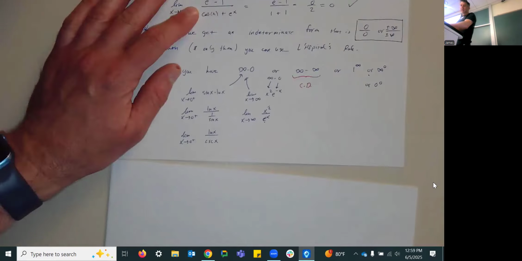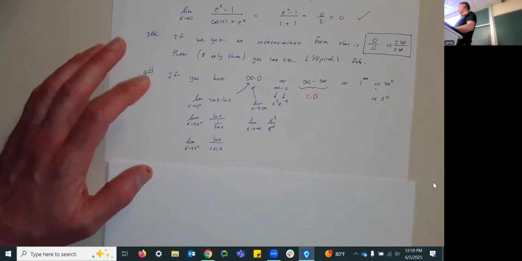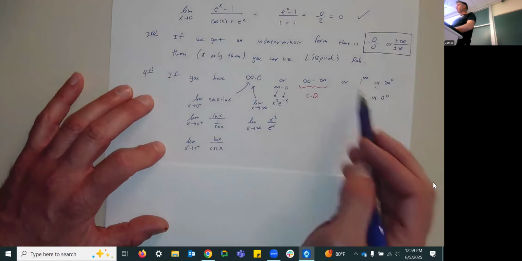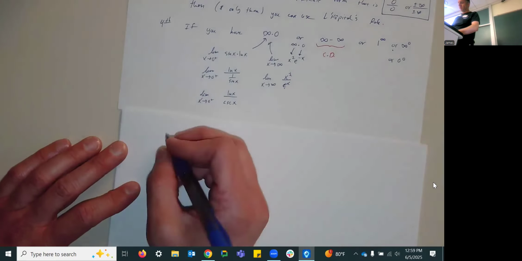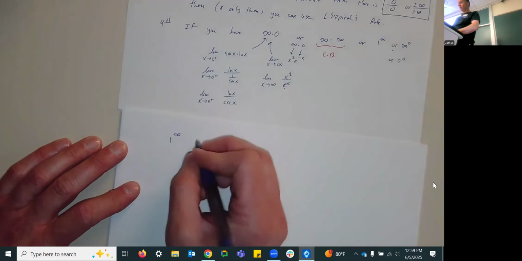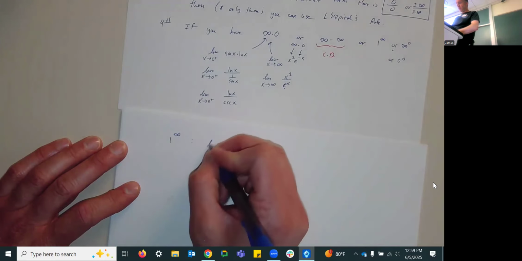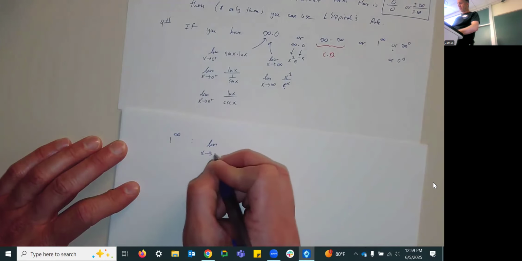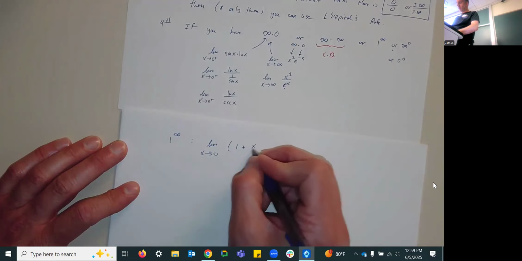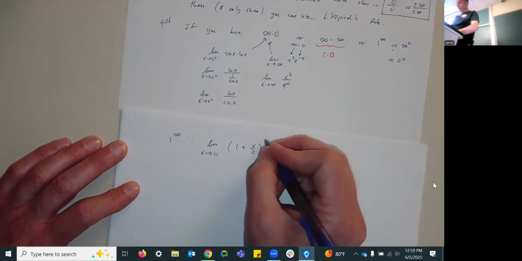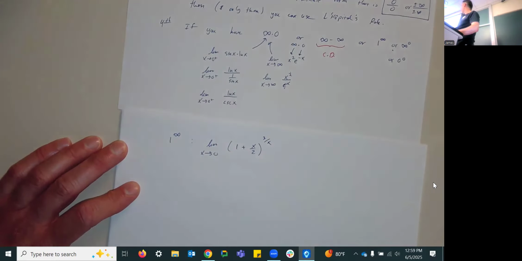So for the last indeterminate form, it is practically a guarantee you will see at least one of these, probably at least two of them, to be honest. A 1 to the infinity is something like the limit as x approaches 0 of 1 plus x over 2 to the 3 over x power.